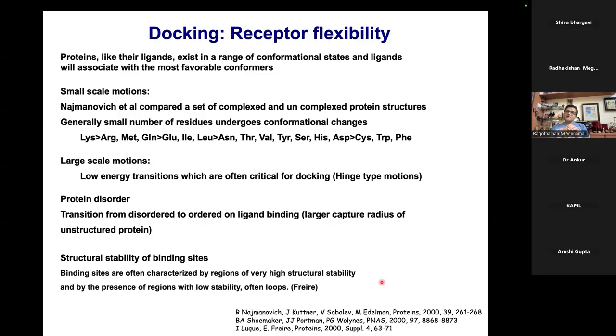Invariably, you have intrinsically disordered proteins where the active site is not defined until it comes in contact with the substrate or the ligand. It is at that point that the entire disordered part of the protein becomes ordered and you have a conformation of the protein.